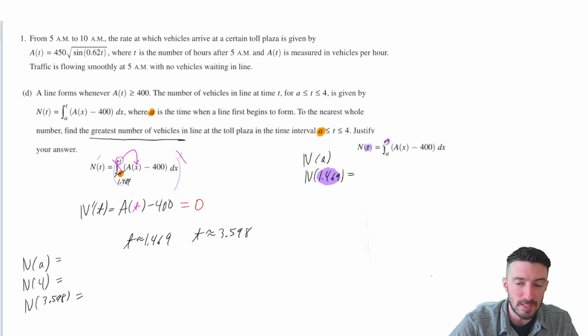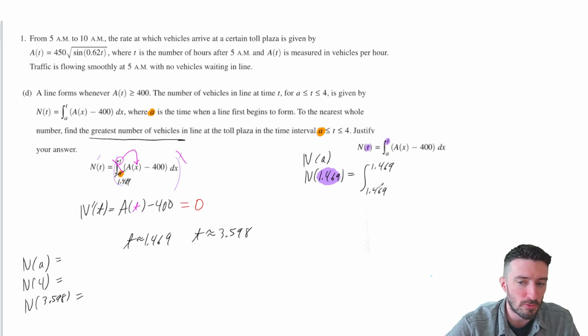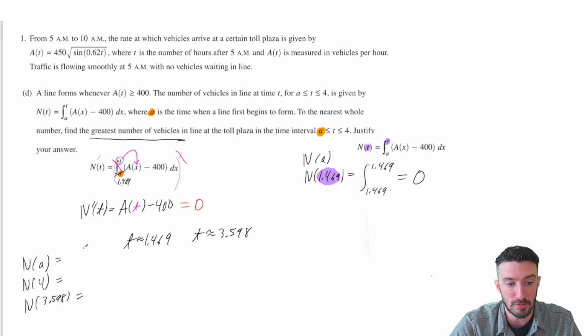So where I see the t's, I have to now put 1.469. But remembering a was 1.469, interesting, I have an integral from 1.469 to 1.469. Whenever you have the same number on top and bottom, that means you always get an answer of 0.